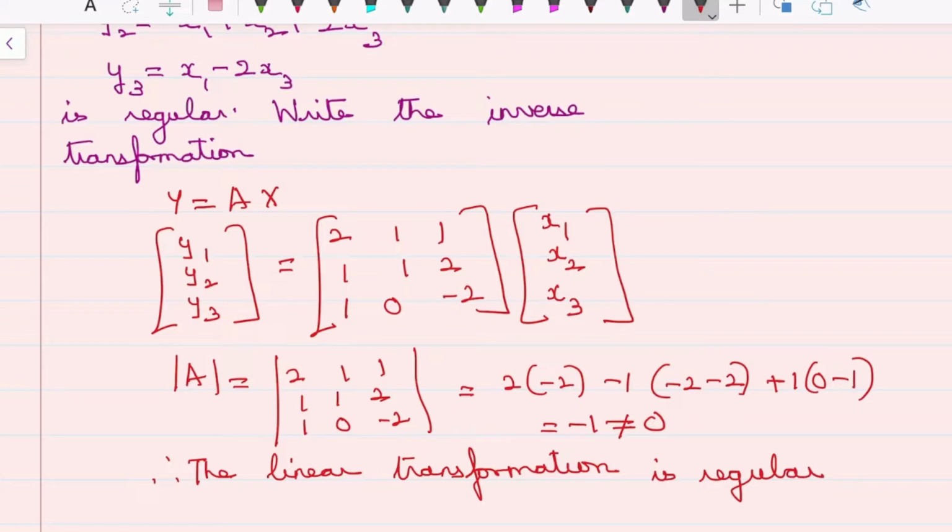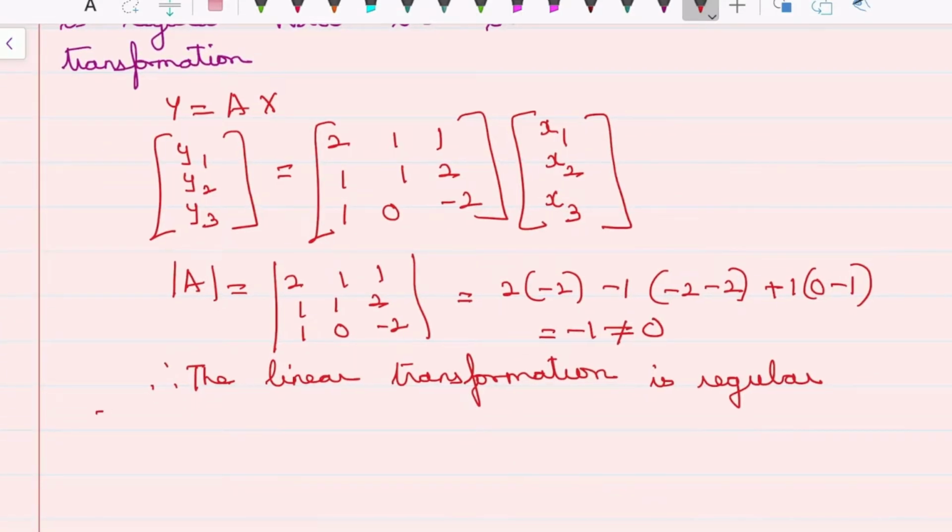Now we have to find the inverse transformation. The inverse transformation for Y equal to AX would be X equal to A inverse Y. And what is A inverse?